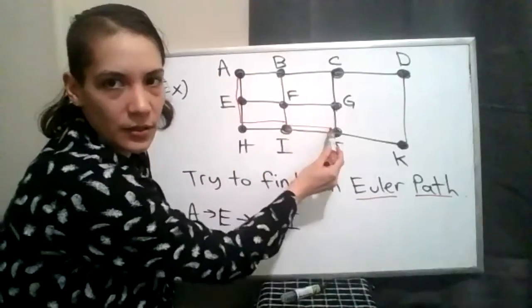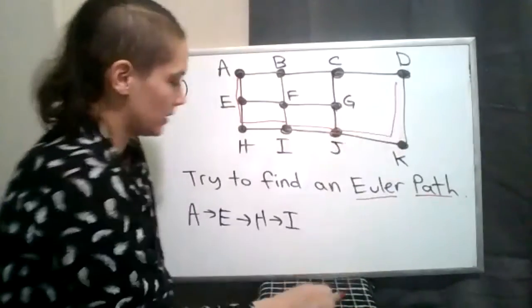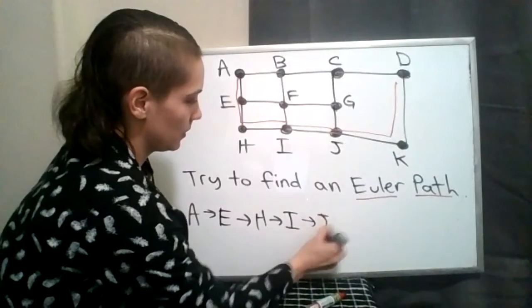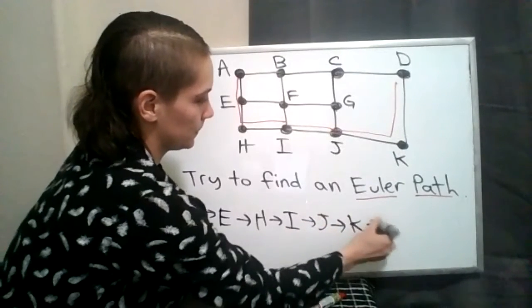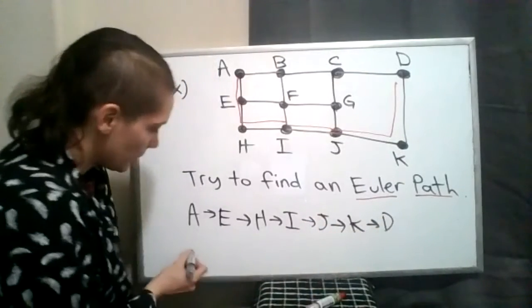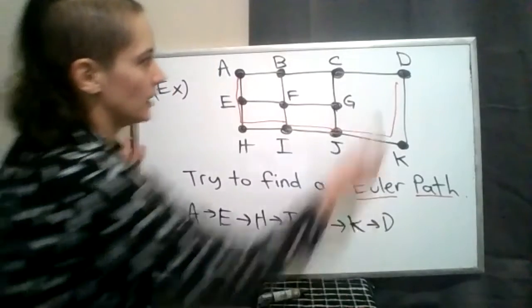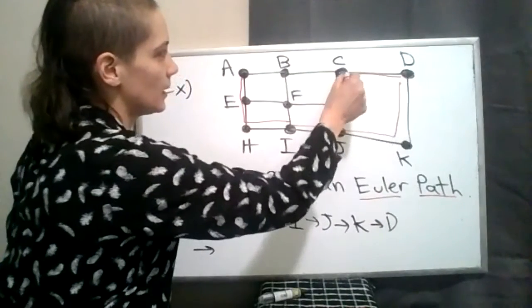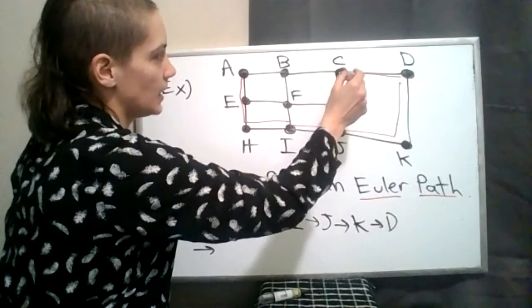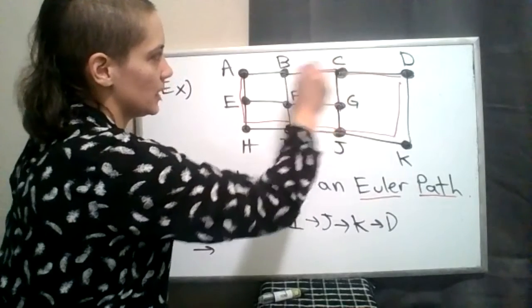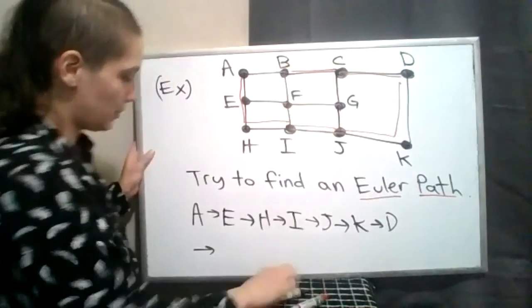I goes to J, goes to K, goes to D. Let's keep on going this way. Let's take D over to C. And then let's keep going around the edge with C to B. And then let's pause.